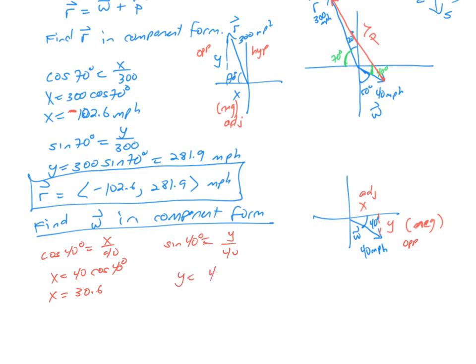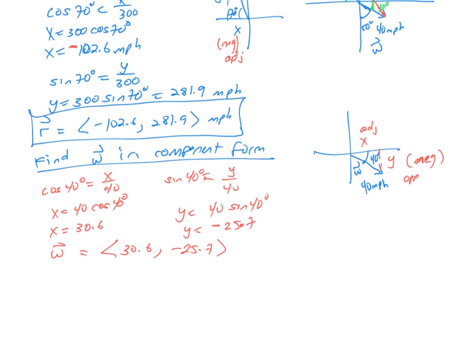So Y equals 40 sine 40 degrees. Entering that into the calculator, this will give us 25.7, but remember to make it negative. And now we'll put that together. So the wind vector is 30.6, comma, negative 25.7 in component form.